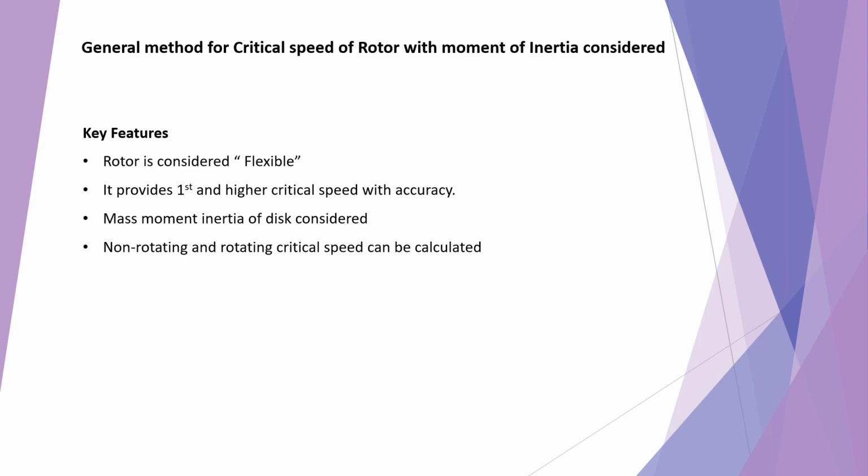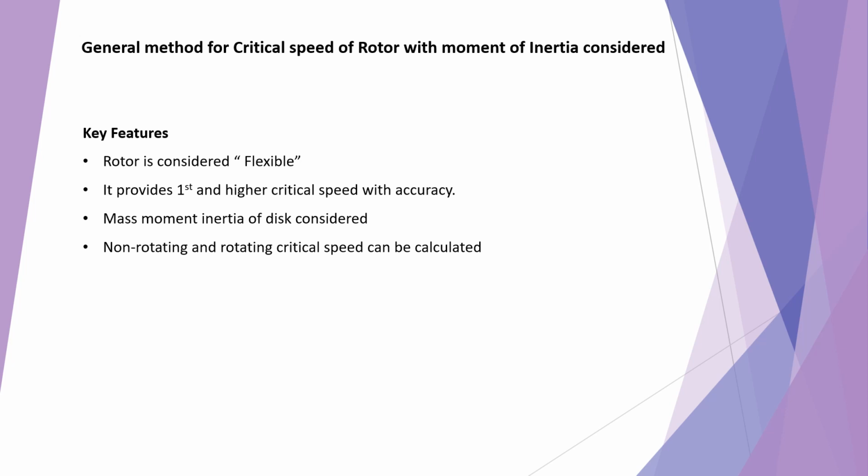the general method for critical speed of rotor with the moment of inertia of disk is considered. The main feature is rotor is considered flexible and the bearing is considered rigidly supported, and so displacement of rotor at bearing is not considered.